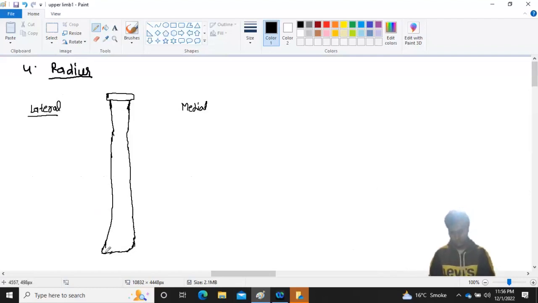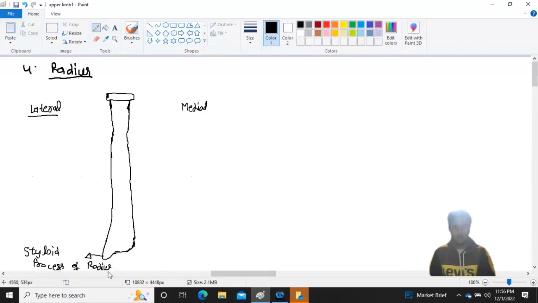There is a marking present here, like this. This pointed tip, extended like a tip, is called the styloid process. Styloid process of radius, because a similar process is also present in the ulna, so remember.